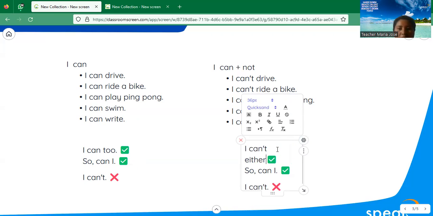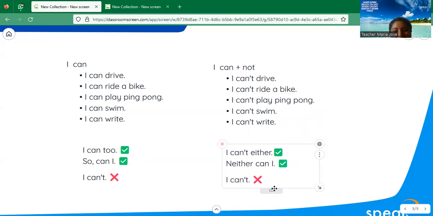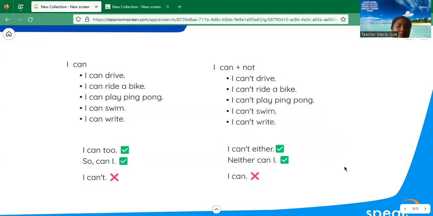And if I want to use neither? Neither can I. Excellent. And if actually you do it, we just leave can. I can, because you are disagreeing with this, okay? Very nice. Let's continue.